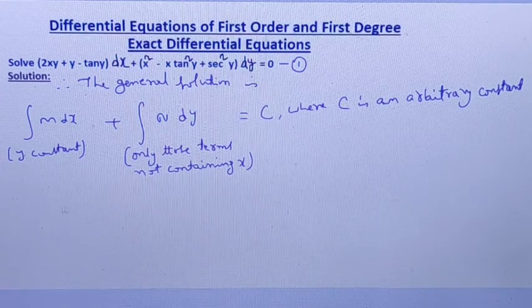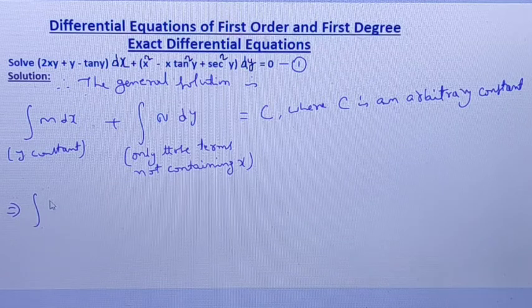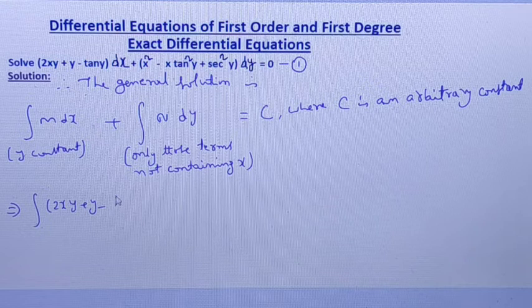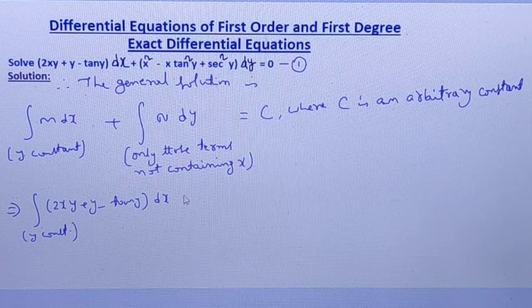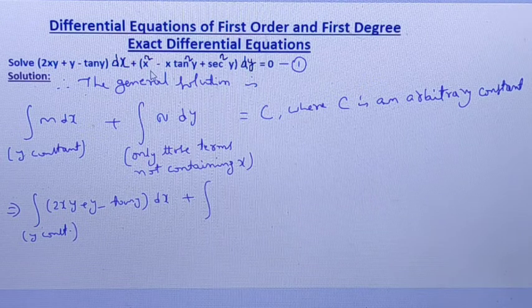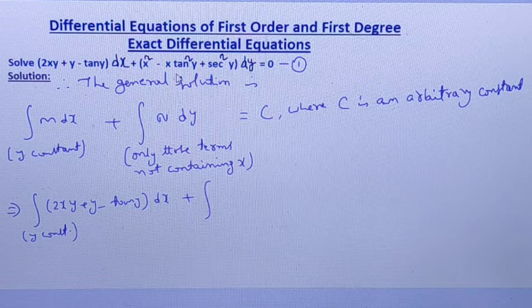So this implies the integral of (2xy + y - tan y) dx, y constant, plus the integral of N, where we have to write N so that it contains only y terms and not x terms.